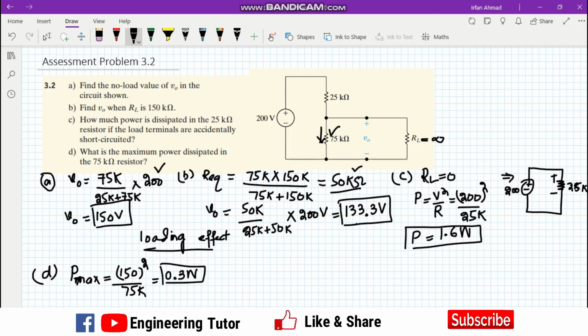This is the maximum power dissipation when RL is infinity, so maximum current flows through this resistor.